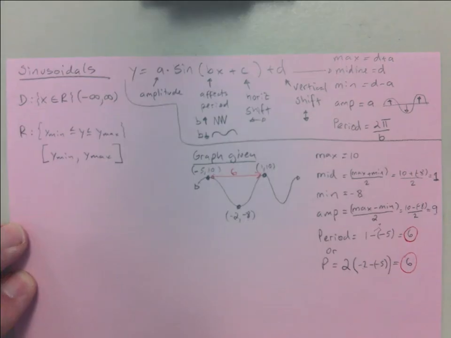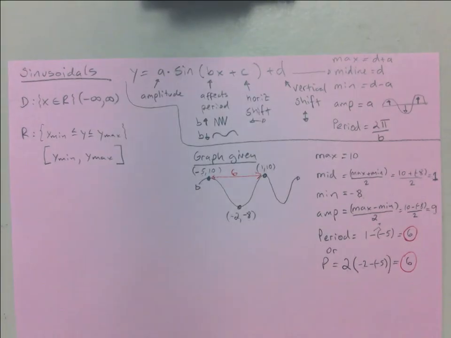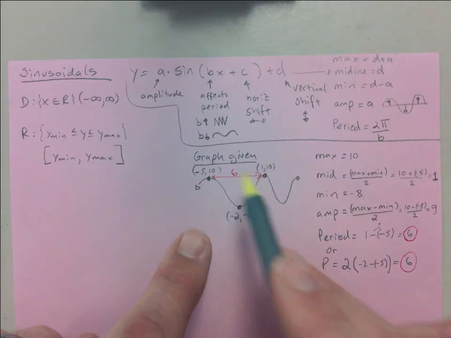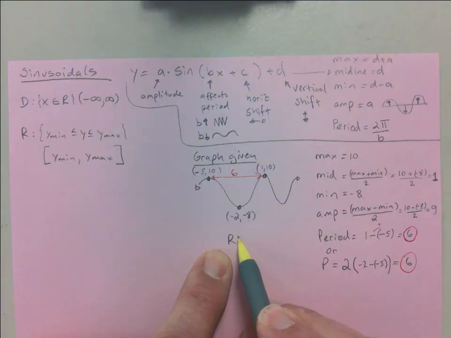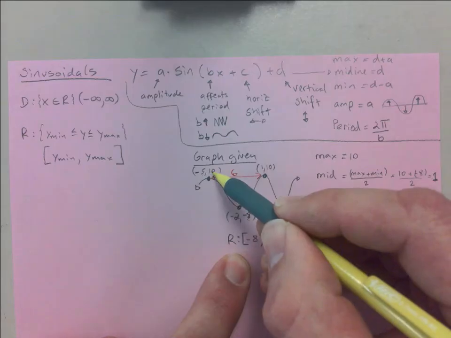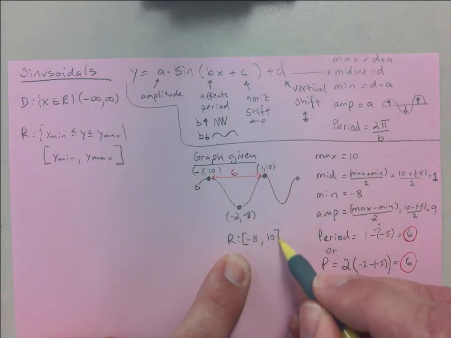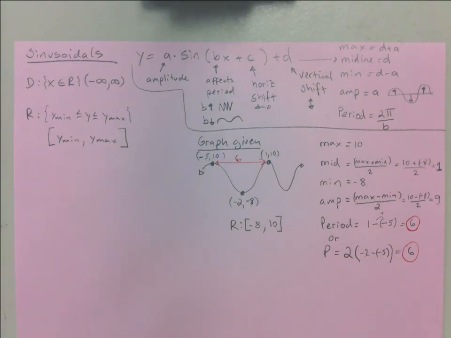Okay, so that's the domain and range in both formats there for you. If you wanted to here, the range here would be from negative 8 to positive 10. If you want to make a little note there, an example on how to do domain and range.